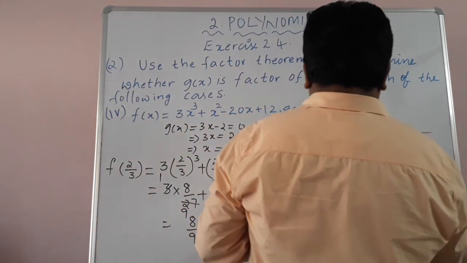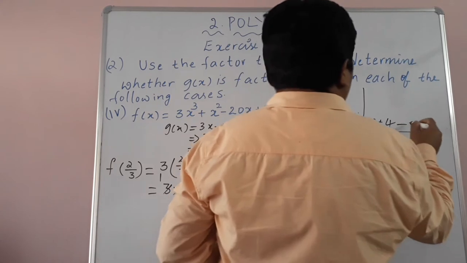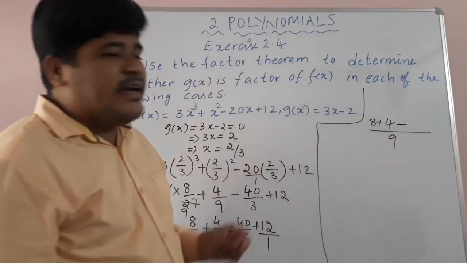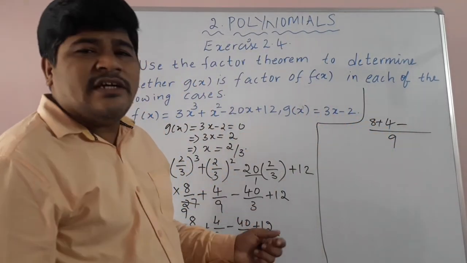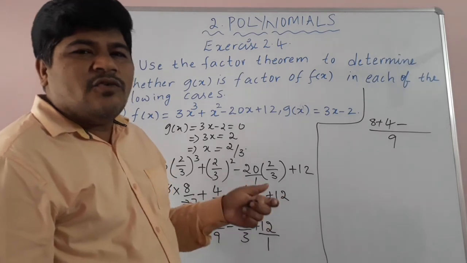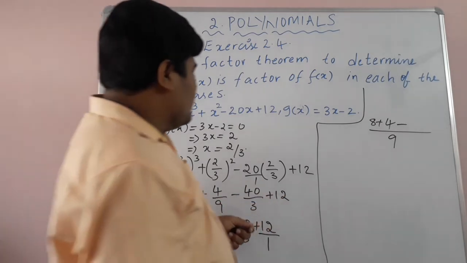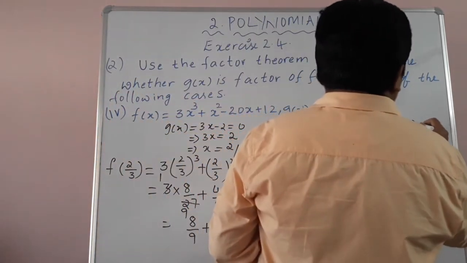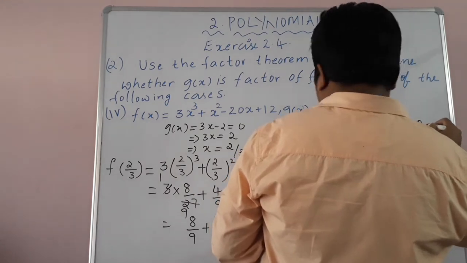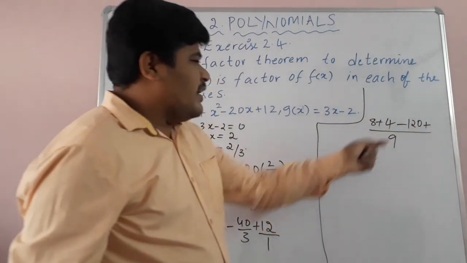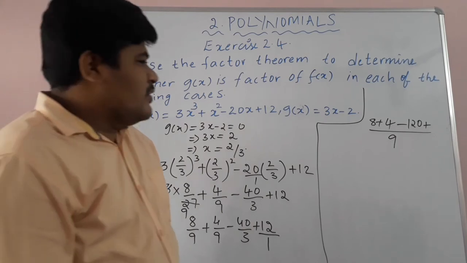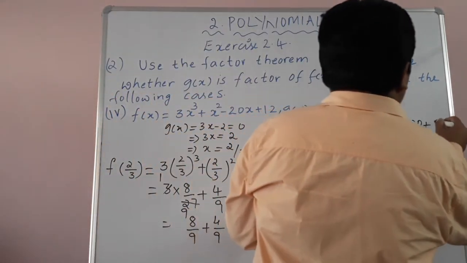So when the plus symbol is there, plus; when the minus symbol is there, I put minus. 3 3s are 9. If you divide 9 by 3, you get 3. The quotient is 3, numerator is 40. 3 into 40 is 120, so minus 120. Again plus, 1 9s are 9, so 9 into 12 is 108.